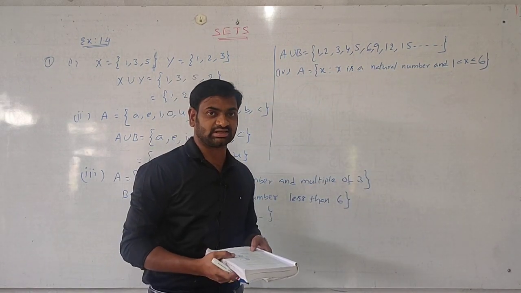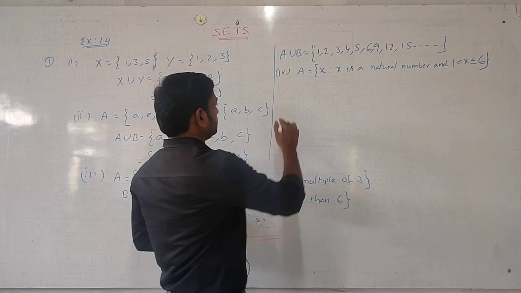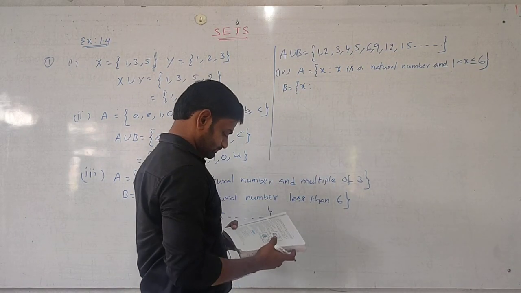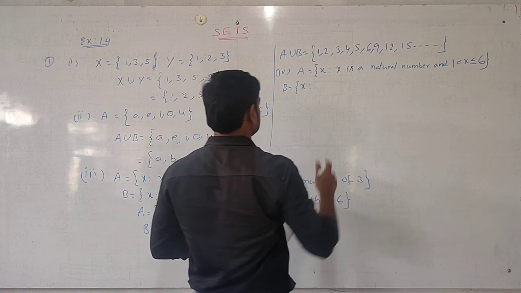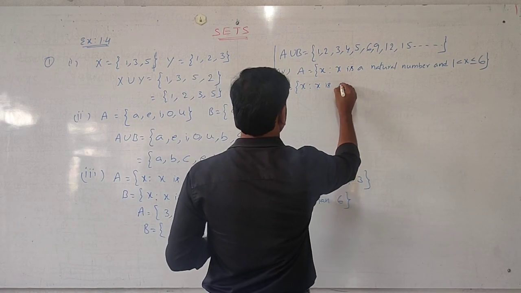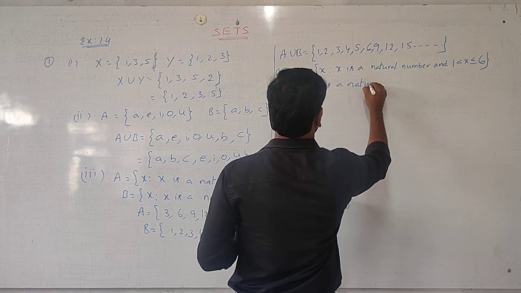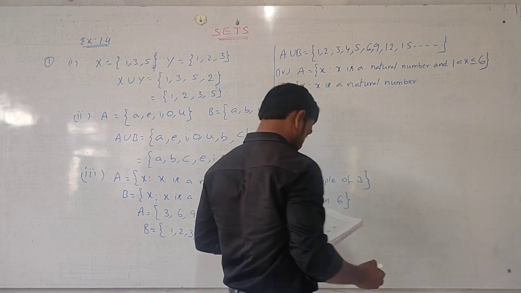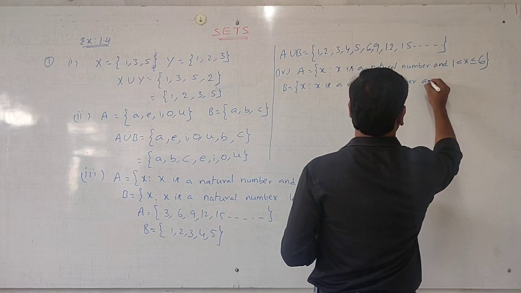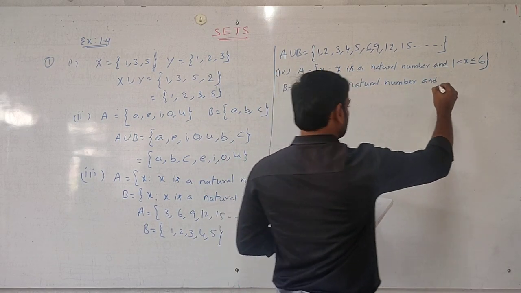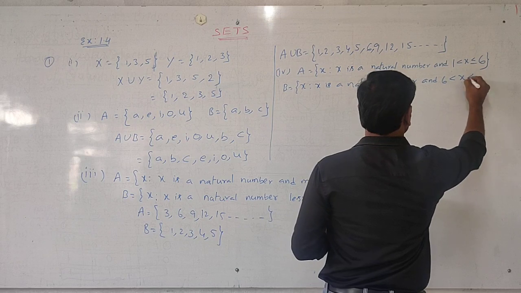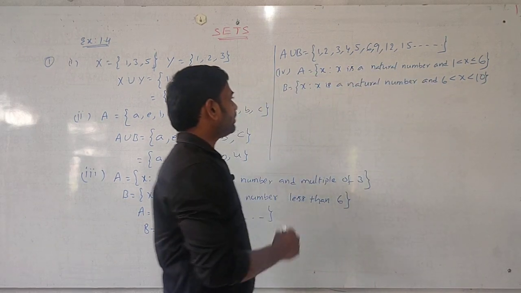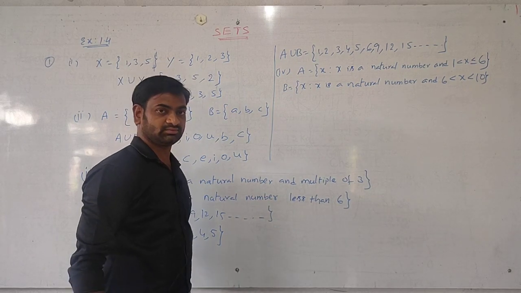Next, what is B? {x such that x is a natural number and 6 less than x less than 10}. So for this one, what is the union?